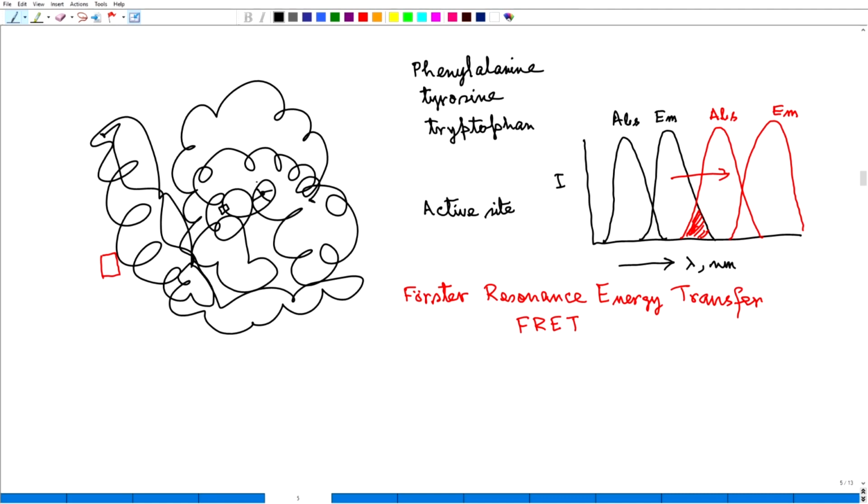So, when some work is going on at the active site, suppose the active site got something and it is doing a chemical reaction, there are a lot of changes that take place in these amino acids.